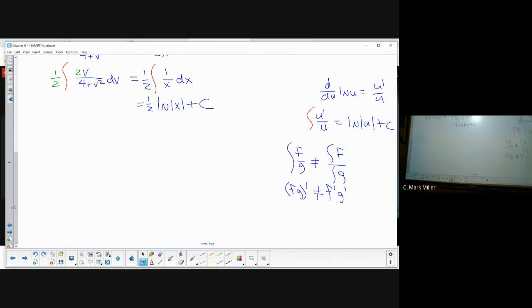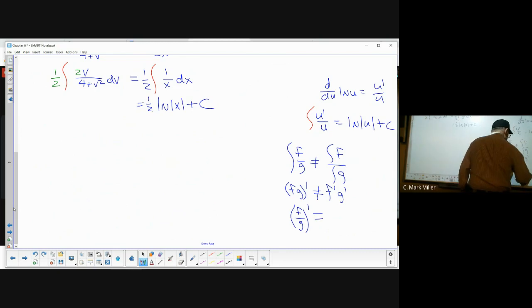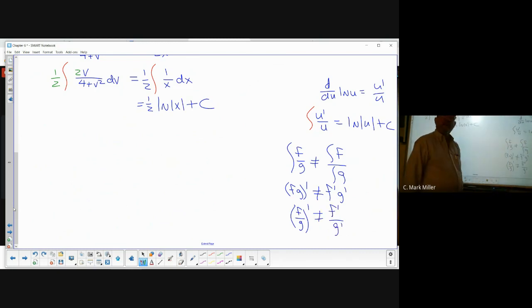Also, the derivative of f over g does not equal f prime over g prime. None of those work. You need the quotient rule, you need the product rule. And those are what I wrote in your papers.